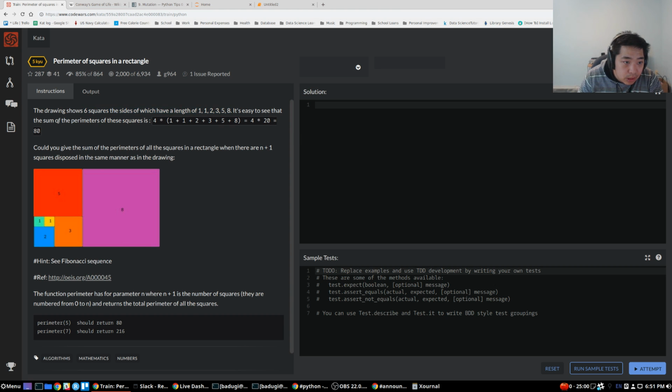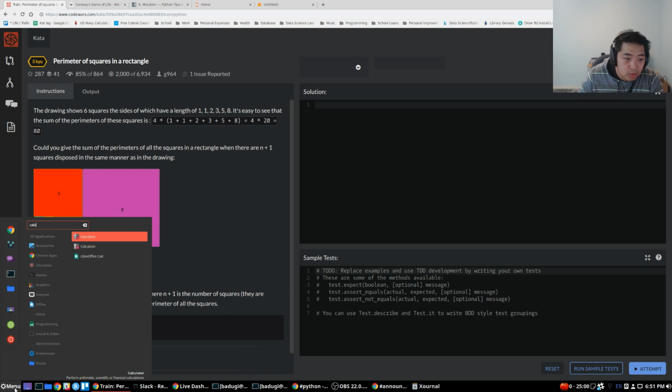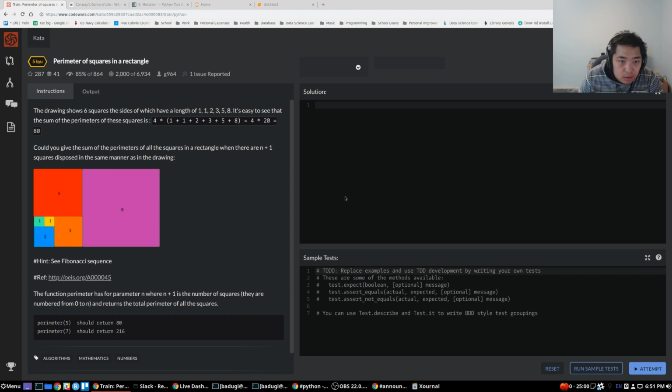It's easy to see that the sum of the perimeters of these squares is 4 times (1, 1, 2, 3, 5, 8), which equals 4 times 20, which equals 80. Okay, okay. Really? Is that really 20?